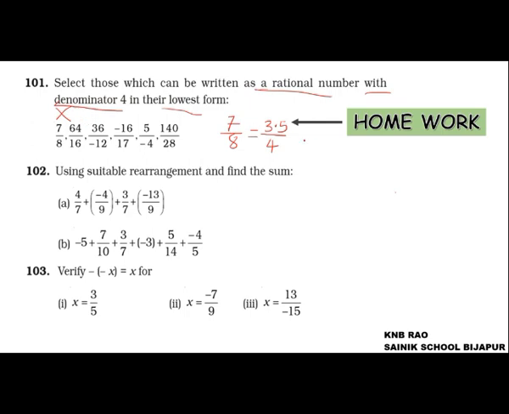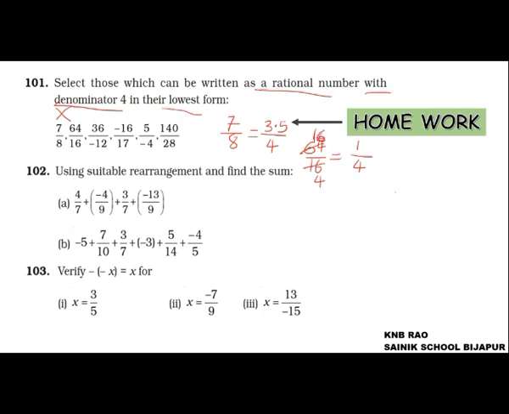Now, in the second question, when I consider 64 upon 16, can it be brought to the lowest form with the denominator 4? Yes, it can be. When I divide 16 by 4, it gives 4 as the denominator. When I divide 64 by 4, it gives us 16.